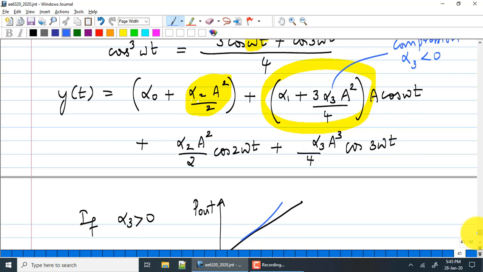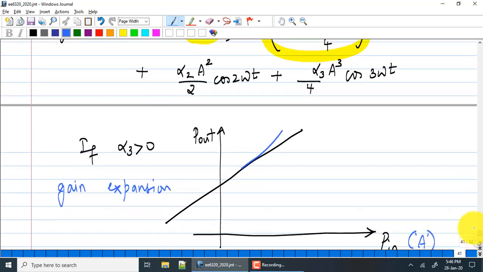The higher order terms folded back to the fundamental will force the curve to move back to some flat region, because this is the output power, so it cannot increase randomly.